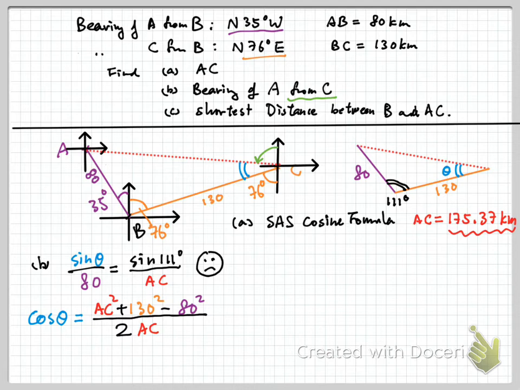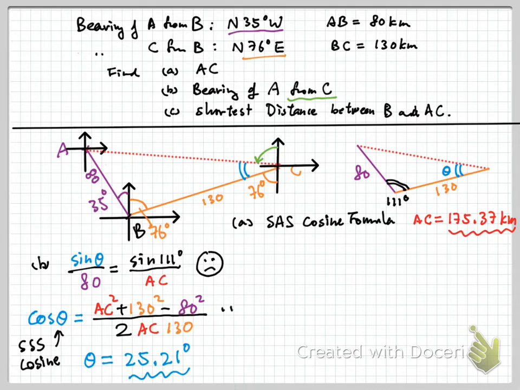For AC, I would use the more accurate value rather than the rounded value. Like I mentioned earlier, beware of rounding error. So we obtain theta, according to my calculation, roughly 25.21 degrees. So this is theta.